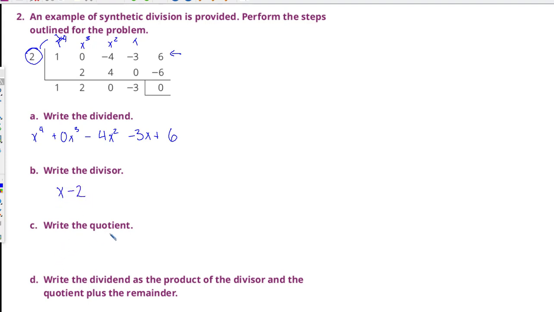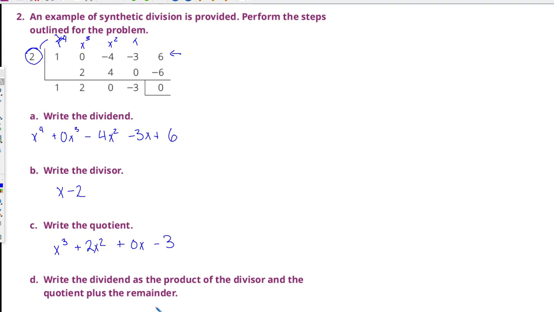My quotient is a solution. And so I step down by 1, and so it's become x cubed plus 2x squared plus 0x minus 3. And there is no remainder.